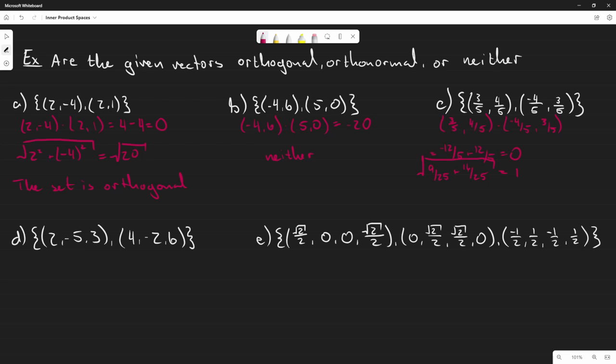So that is a unit vector, and the other one is going to be the same thing, 9/25 plus 16/25, because we're squaring it, so the negative becomes a positive, and that will also equal 1. So this is both, no, this is not both. This is an orthonormal set.